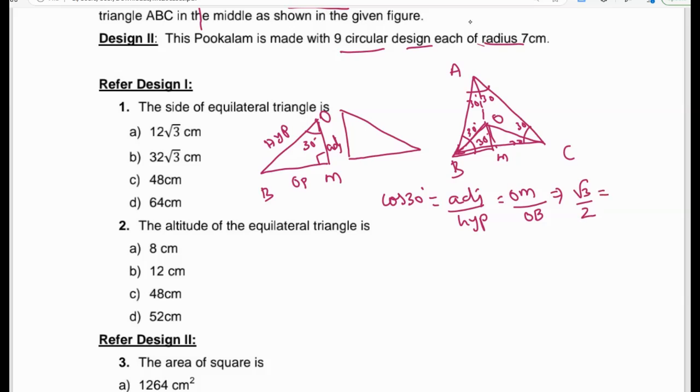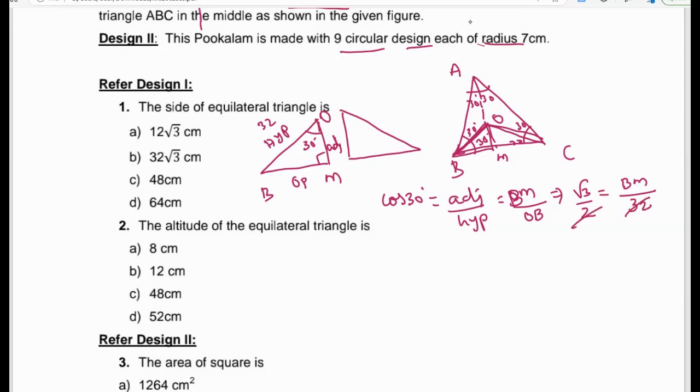The adjacent value will be BM as it is, and the hypotenuse they have given as 32. It is the radius of the circle. Any point from the center to the circumference of the circle is called the radius. So it is radius 32.